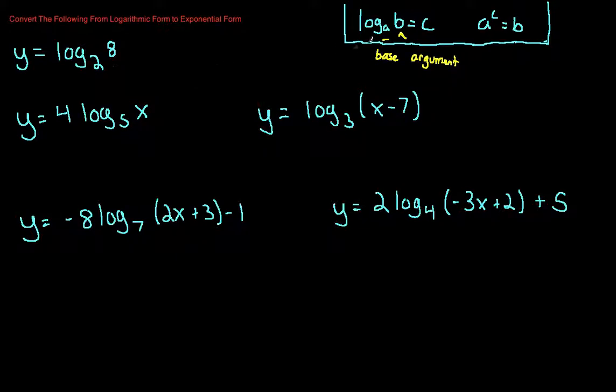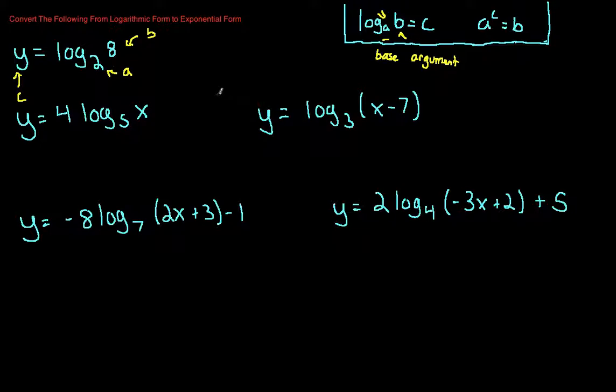As I look at this y equals log base 2 of 8 problem, what is each term here? My 2 value is my base, the a term from the formula. My 8 is my argument, my b term. And y is on the other side, my c term.